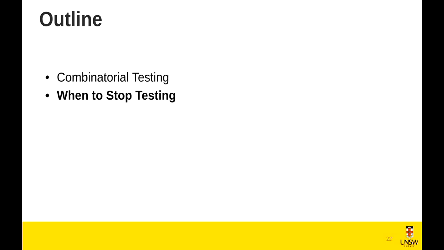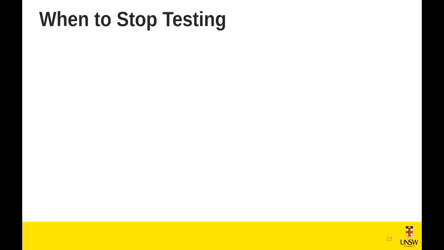Okay, let's continue. Let's now move on to the second topic today, when to stop testing. So we have learned many testing techniques so far. We learned functional testing or black box testing: boundary value testing, equivalence class testing, and decision table based testing.